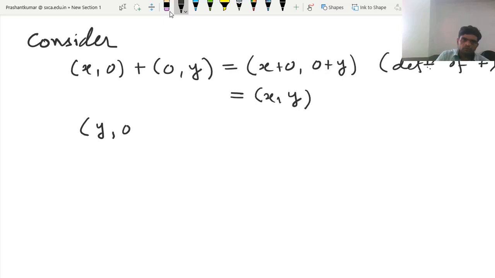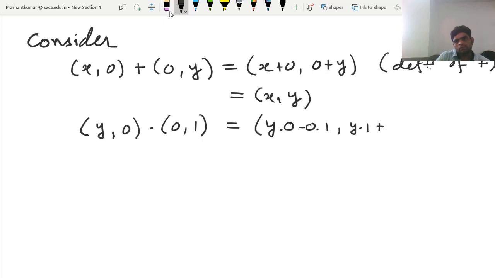Also, you can see that y comma 0 dot 0 comma 1, we can write using the definition of multiplication, as y dot 0 minus 0 dot 1 comma y dot 1 plus 0 dot 0.